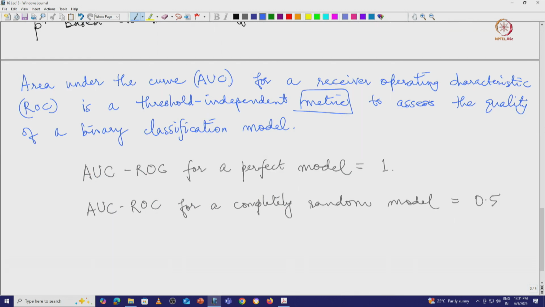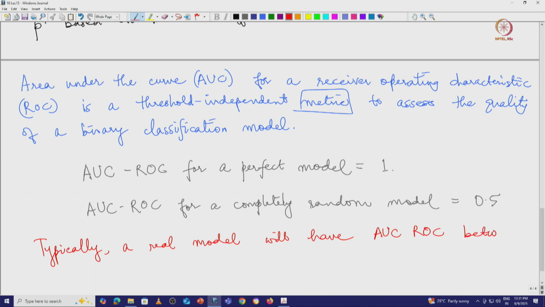So, therefore, typically a real model will have the AUC ROC between 0.5 to 1, and the closer it is to 1, the better it is.